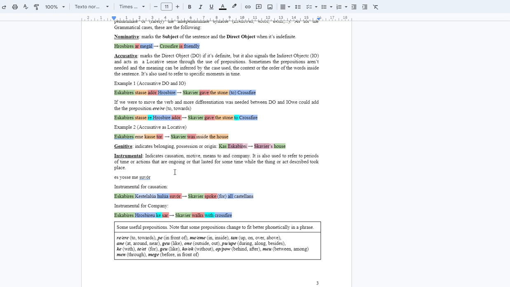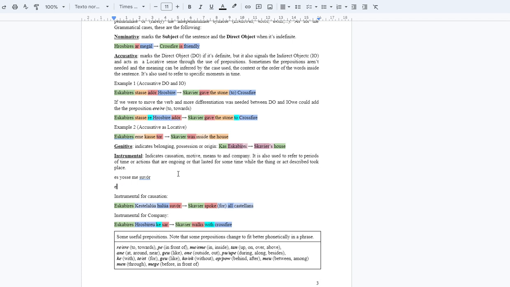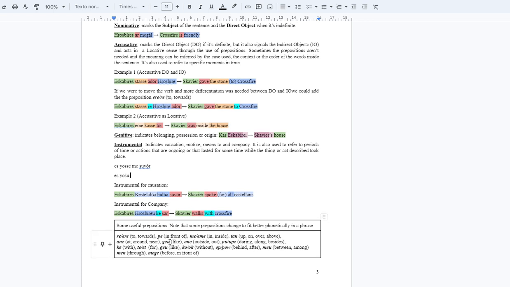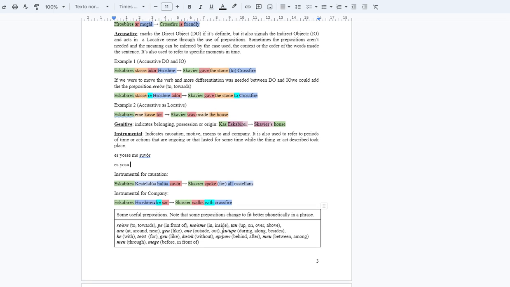But if we wanted to say, I spoke during the day, so a continued action, it is Yosu, and then we would use this preposition to specify this change in meaning.